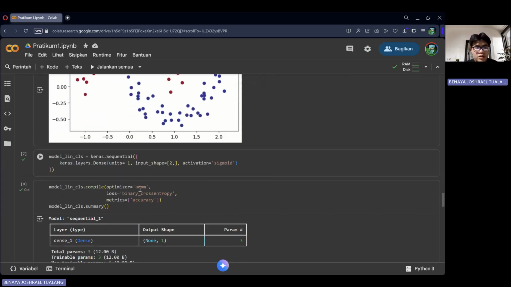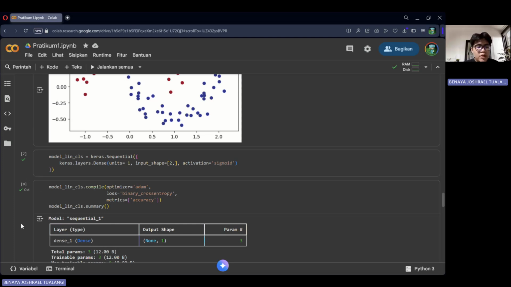Next, we have model_cls. We define a second model for classification. Similar to the first, it has a single dense layer with one neuron, but we use a sigmoid activation function. The sigmoid squashes the output between 0 and 1, making it suitable for binary or two-class classification.